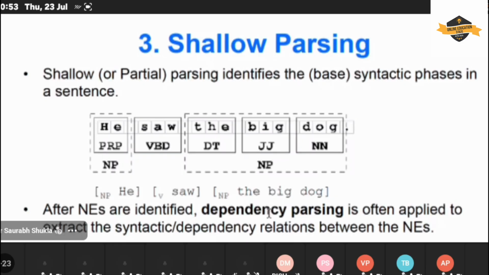And those searching problems can also be designed in the form of a tree structure. But that is a separate case. Here they are telling you about the noun phrase and verb phrase, that is, the structuring of a particular sentence in terms of grammar and dependency, that is the parsing.